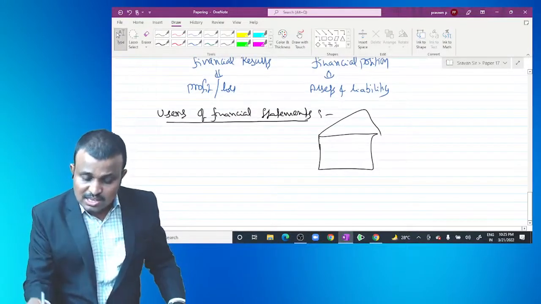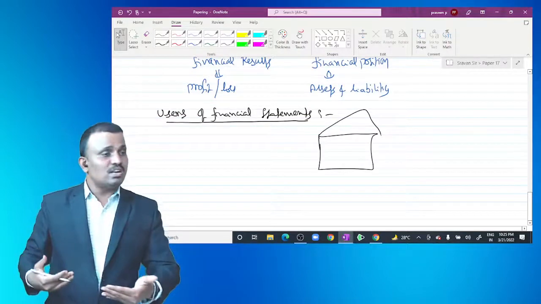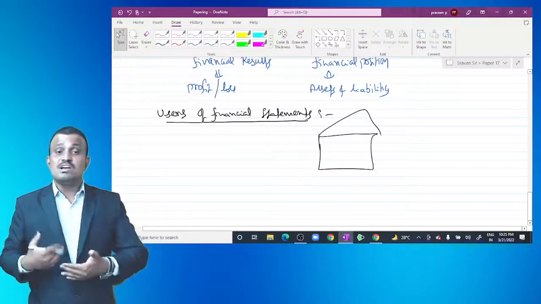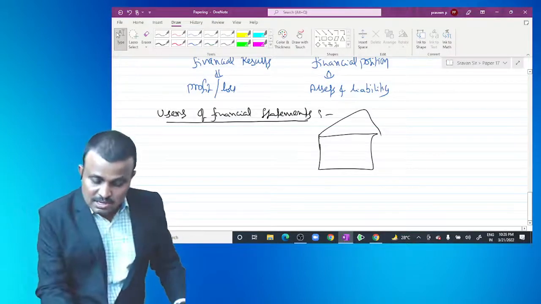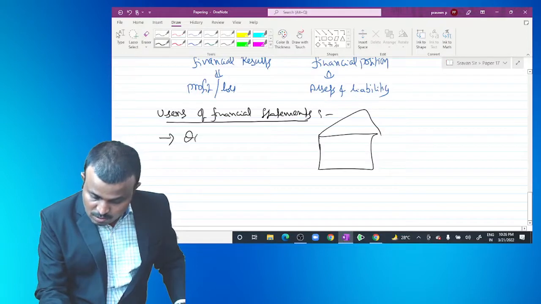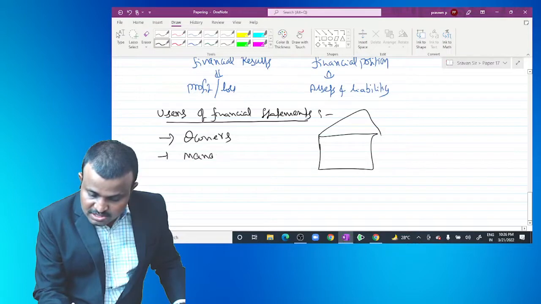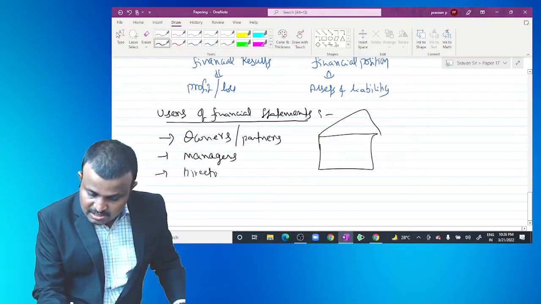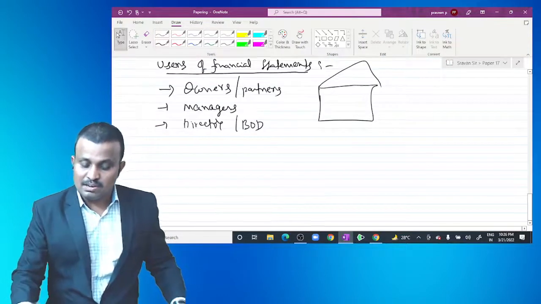So there are internal users and external users. In external we have connected users. Coming to the internal users, they cover owners and managers, owners or partners or managers or directors, nothing but the board of directors of the company.